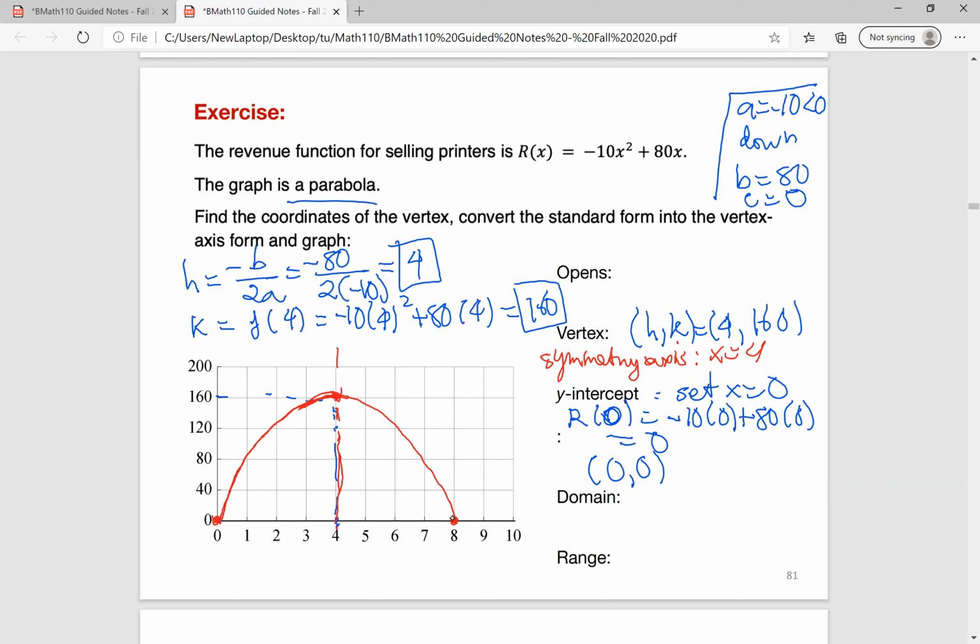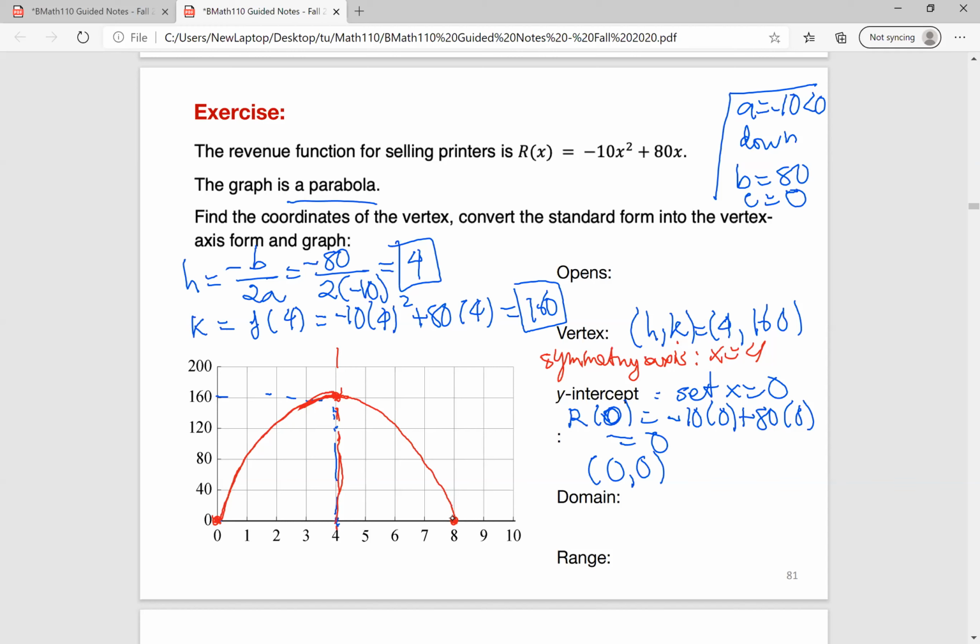But anyway, it should look like that. And if you want to make it more accurate, you may check with the T table, make some more ordered pairs. But anyway, this should be the parabola. This should look like that.